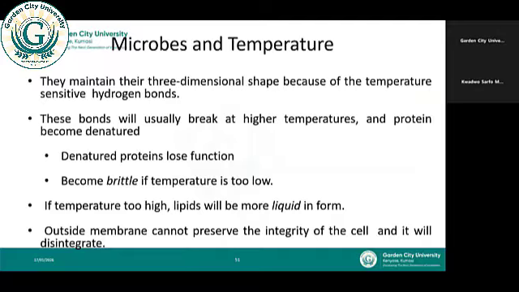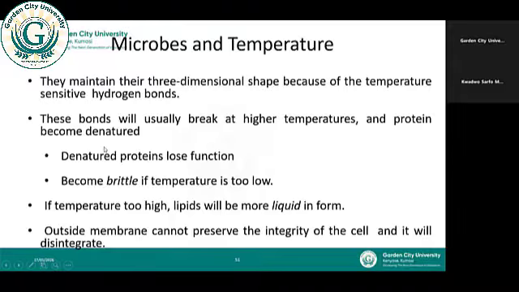So if you alter the temperature, assuming the organism likes room temperature and you put it in the fridge, it will not die in the fridge, but the growth rate will reduce because the temperature has changed. The same applies to increasing the temperature, unless you provide the optimum for them.